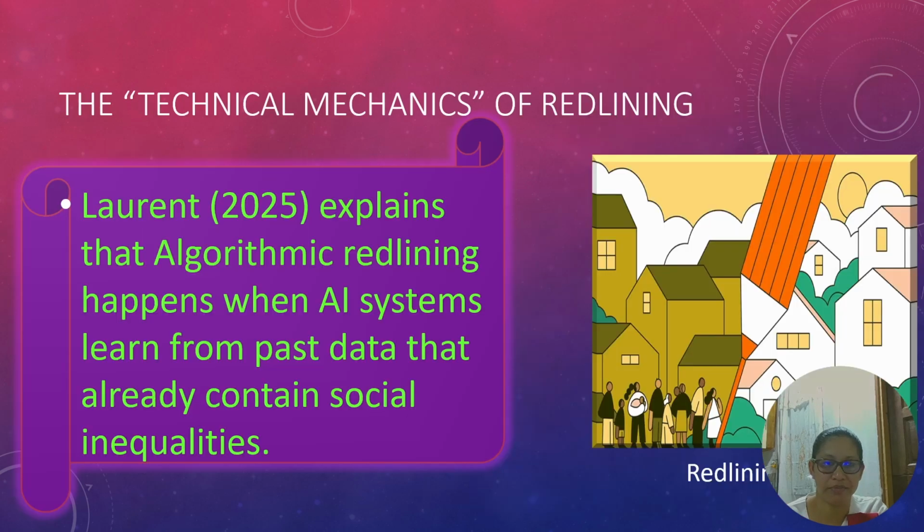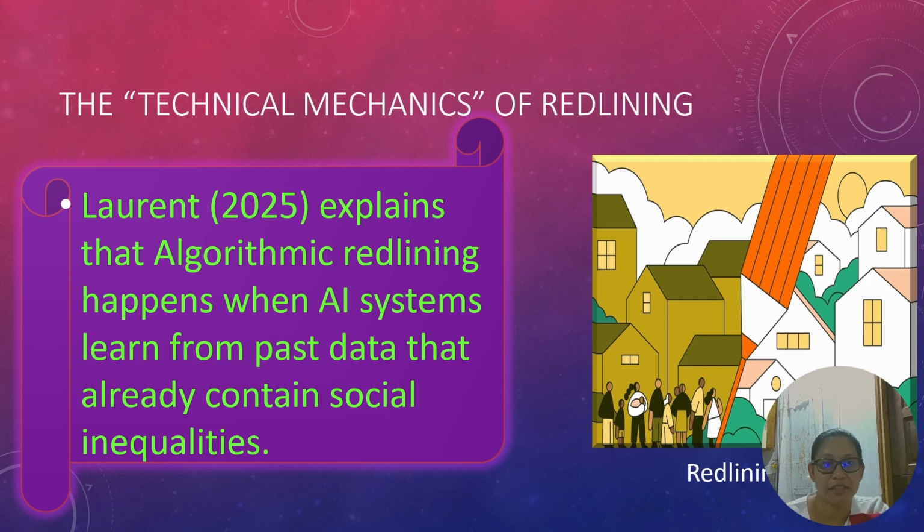Let's look at another one. Redlining, the technical mechanics of redlining. Now, this happens when the AI systems we use learn from past data that already contains social inequalities.